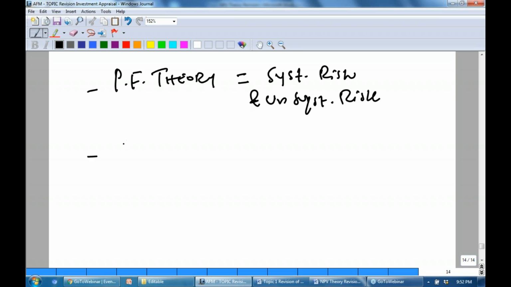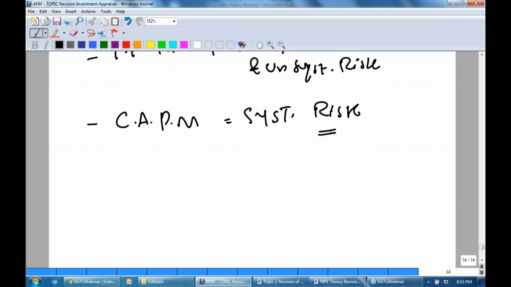But on the other hand, CAPM only welcomes the systematic risk. Portfolio theory considers systematic and unsystematic. CAPM only considers the systematic risk.